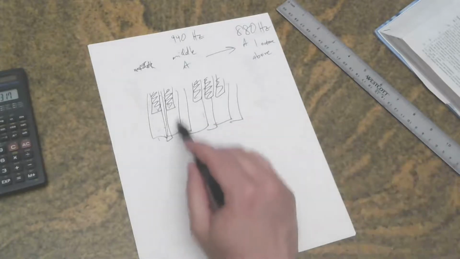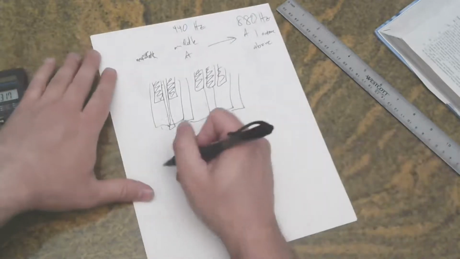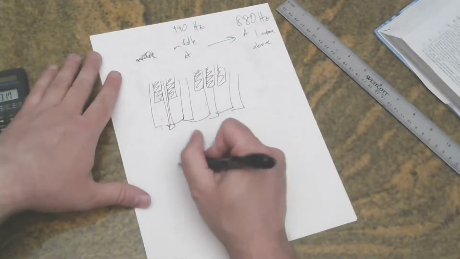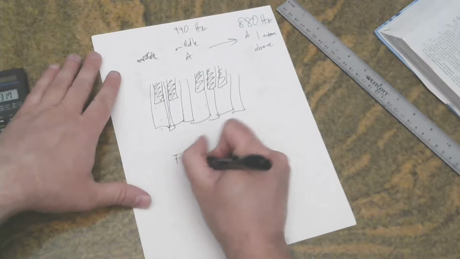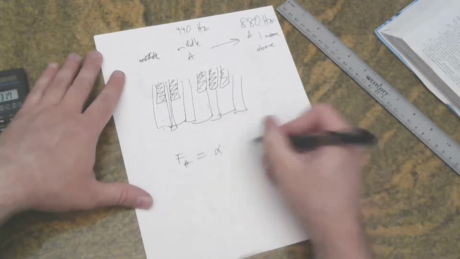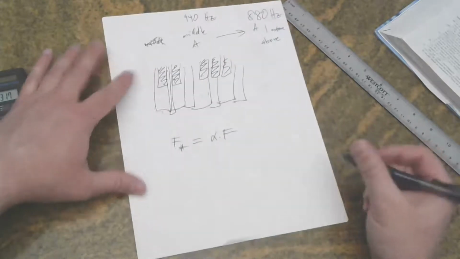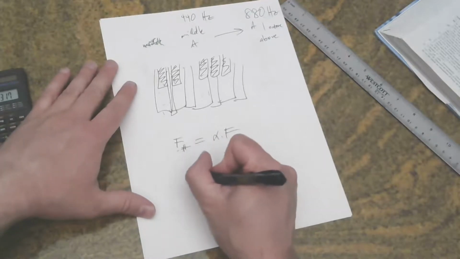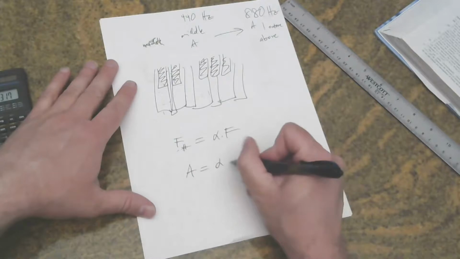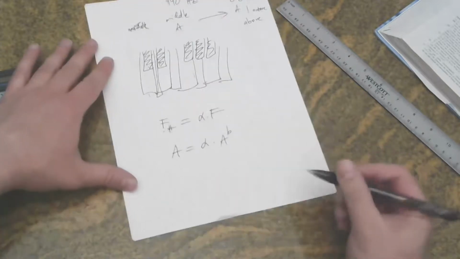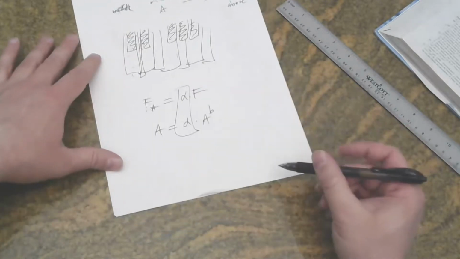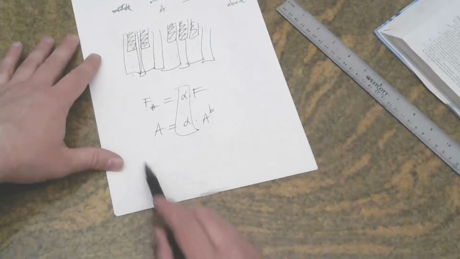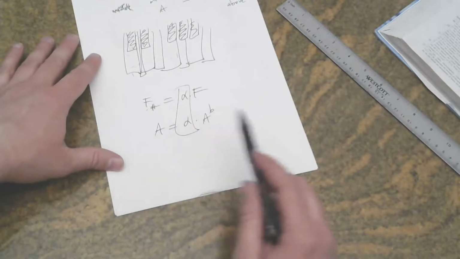And since there are 12 tones, F sharp would be some constant ratio times F. This represents the frequency of F sharp. And the frequency of A, for instance, would be some number times the frequency of A flat. We have to figure out what that number is. Well, we know that going up a half step 12 times will take you from one octave to the next.